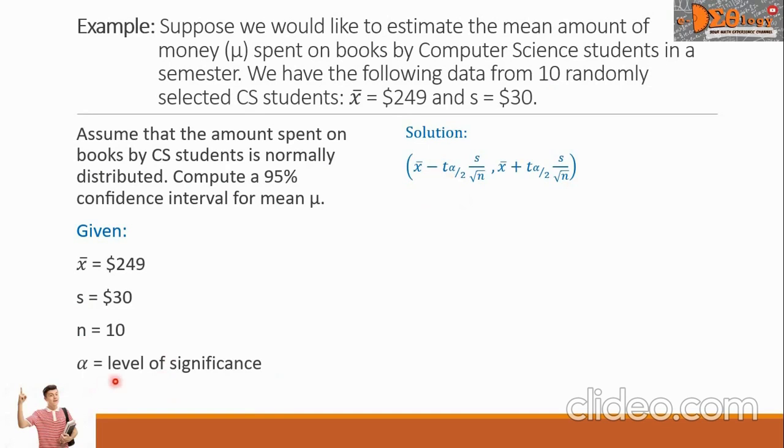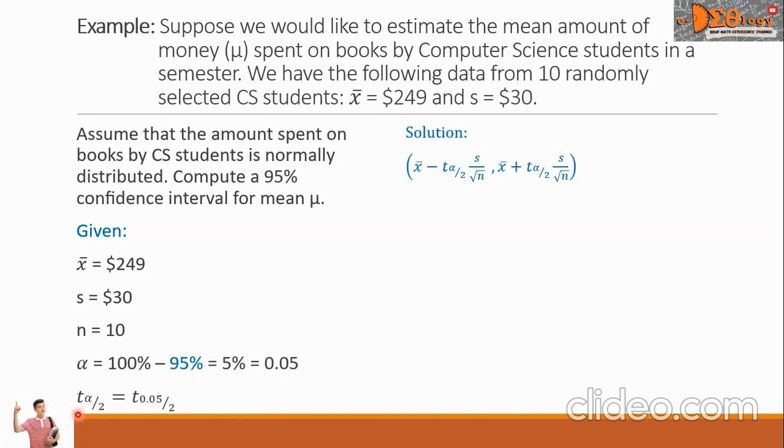The formula for level of significance is given as 100% minus confidence level. In our problem here, the confidence level is 95%. So we copy it here. And the difference will be 5%. Let us express this 5% into decimal, so we have 0.05.